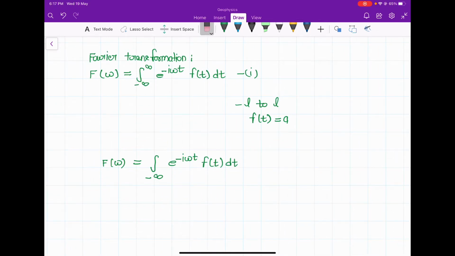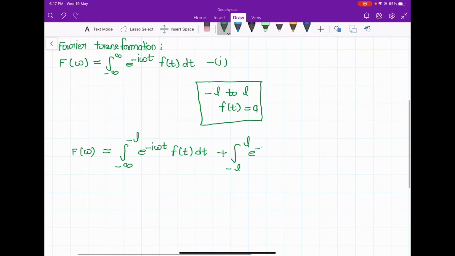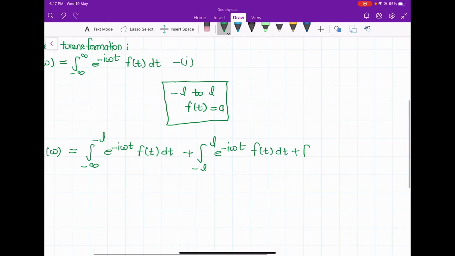The second one will be minus L to L, because this is your second limit, of e to the power minus i omega t f(t) dt. The third one will be L to infinity of e to the power minus i omega t f(t) dt.